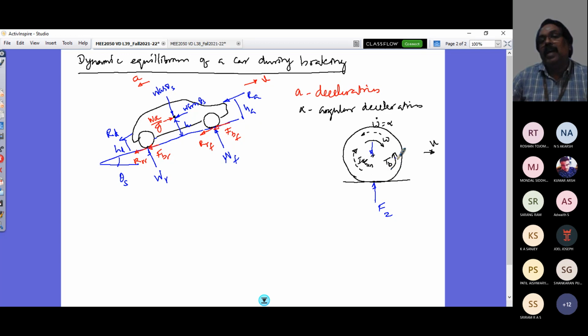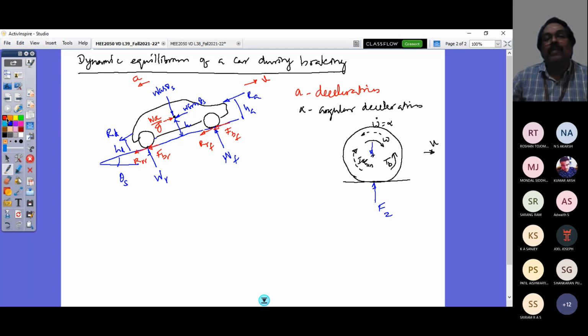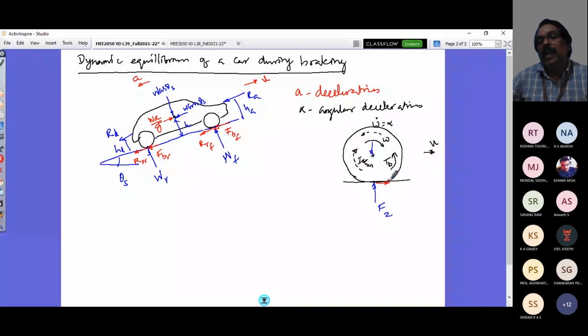When I apply the braking torque here, at the contact between the tire and the road, I would have a braking force developed. If this is rotating in this sense, my braking force develops in the opposite sense, right? The direction should be carefully taken.